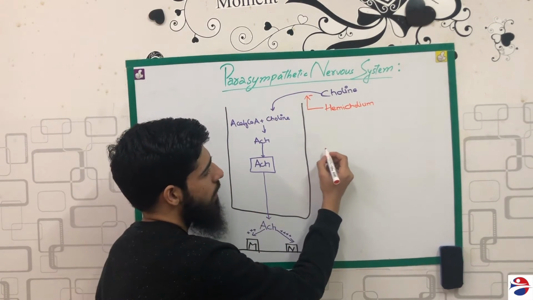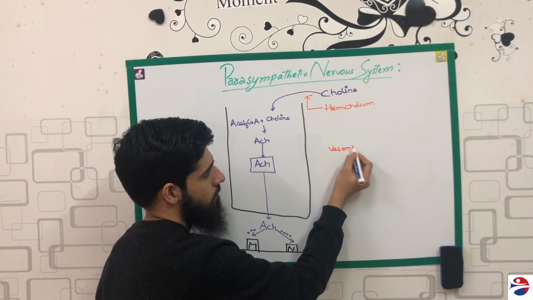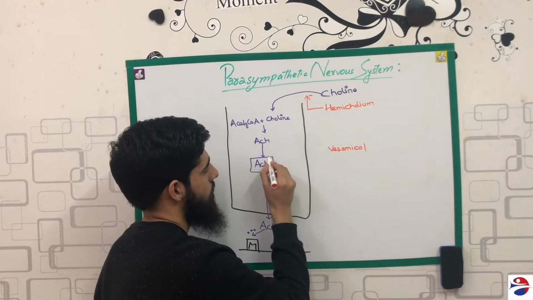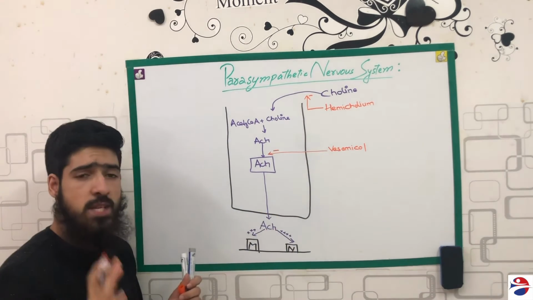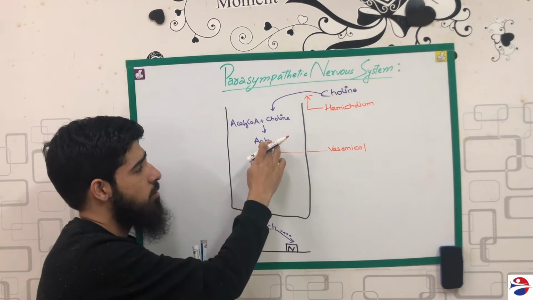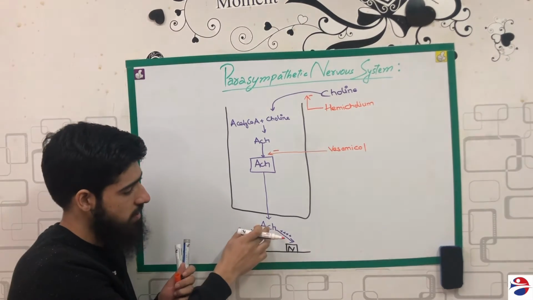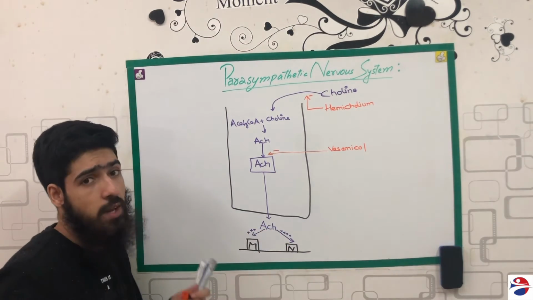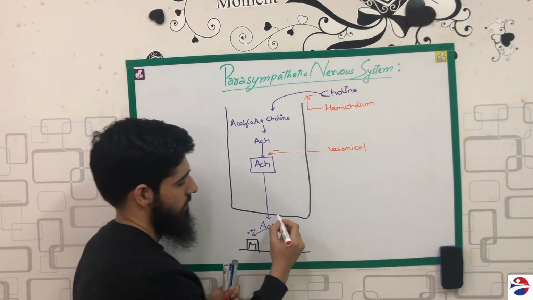Another drug we have is vesamicol. Vesamicol inhibits uptake of acetylcholine by the vesicle. When it inhibits uptake, it means we have less availability of acetylcholine, and so less parasympathetic activity.